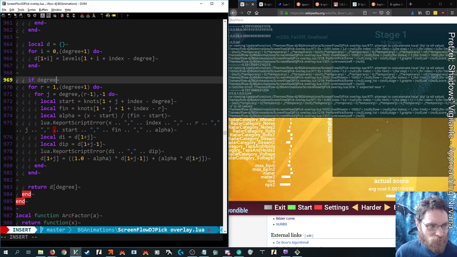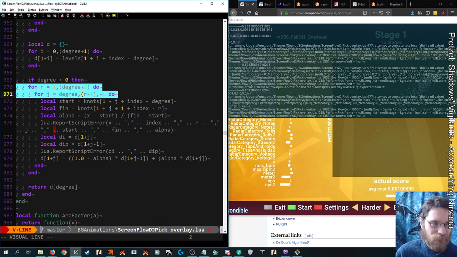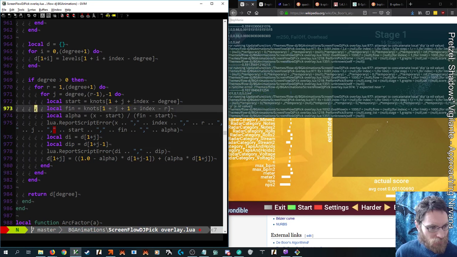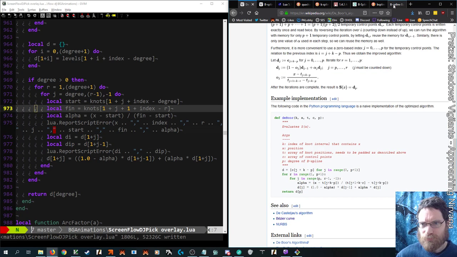I guess we just say degree greater than 0? Because I don't know how to make that math work. If we're always selecting the same point, actually, how does that work?